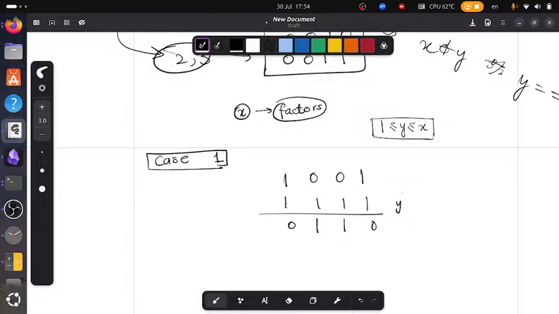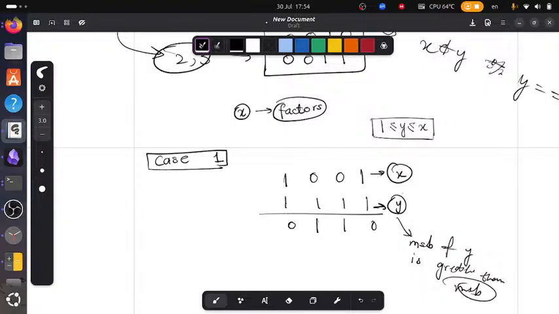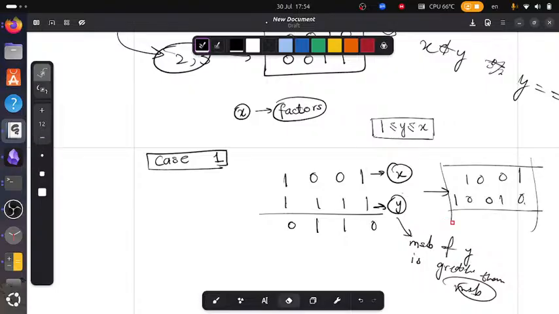Now let's say that our y is greater than x. The MSB of y is greater than MSB of x. So what happens in that case? Nothing happens, right?